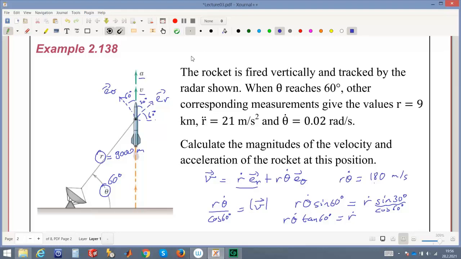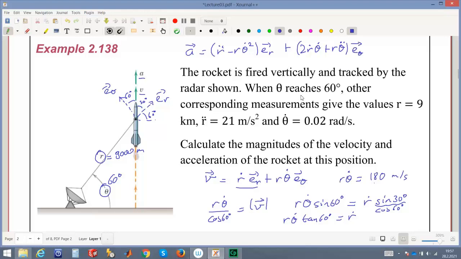Now for the acceleration, what we have as the acceleration formula is a equal to r double dot minus r theta dot squared, e_r, plus 2 r dot theta dot plus r theta double dot, e_theta.